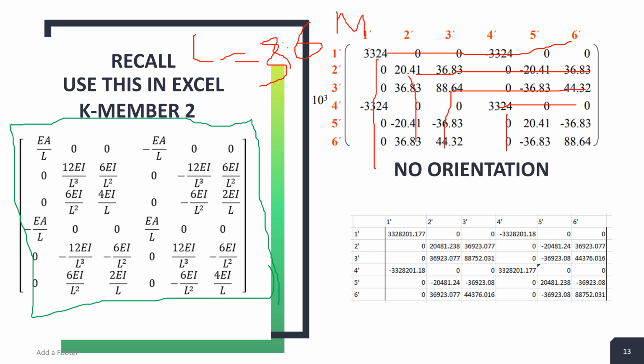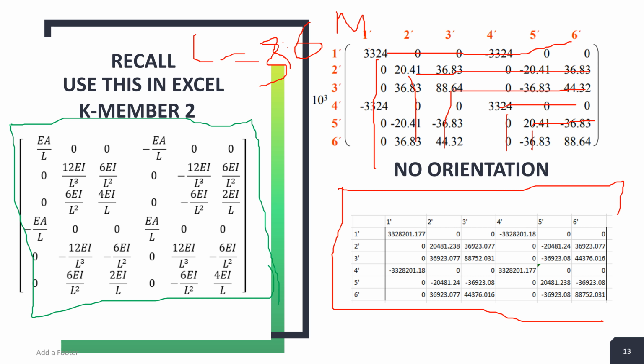So it's still symmetric, but after transformation, the assumption of symmetry is no longer valid. Again, compare. This is the expected value from the example, but this is the result from the Excel code. I think close enough, or barely the same. Maybe there is slight variation because of the rounding off of the angles.